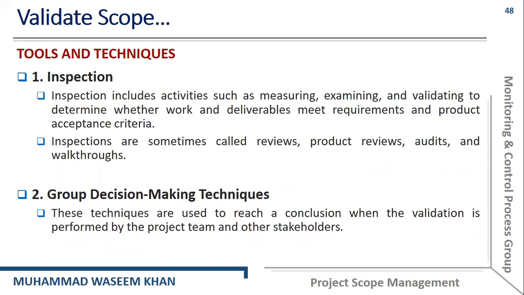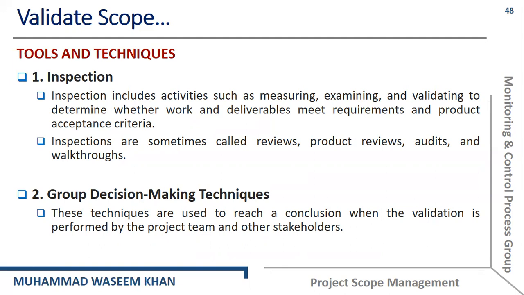Now, if we talk about the tools and techniques, I hope you know what an inspection is, because we have already heard this word hundreds of times. So, what is inspection? Inspection includes those activities that are used to determine whether the work and deliverables meet the requirements and product acceptance criteria. These activities include measuring, examining, and validating.